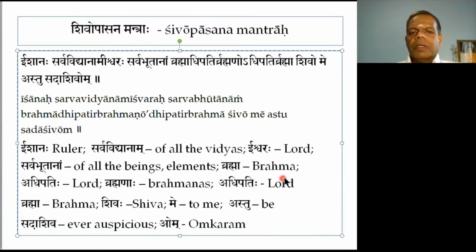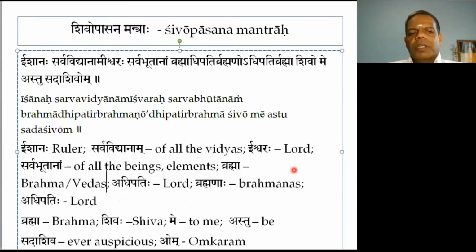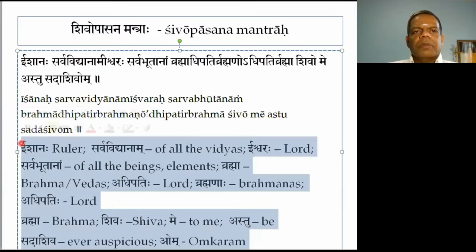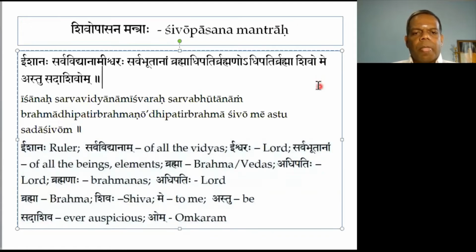Brahma. So the word which I put is Brahma here. Because there are three Brahmas appearing, I have put the meaning in this first Brahma as all that is Vedas.